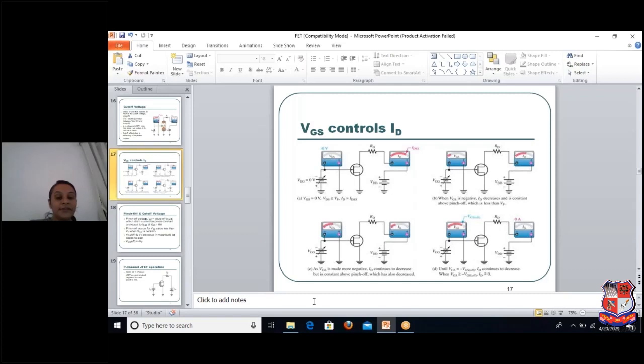ID continues to decrease but is constant above the pinch-off. So VGS equal to minus VGS off.